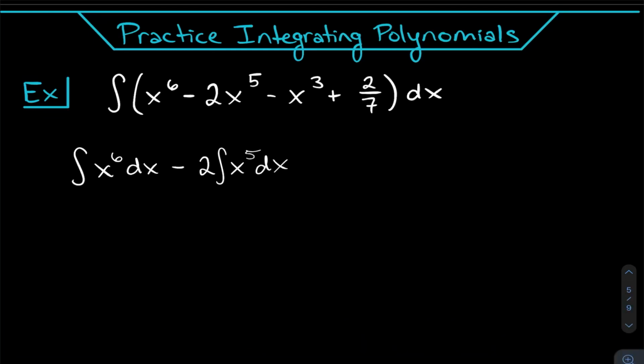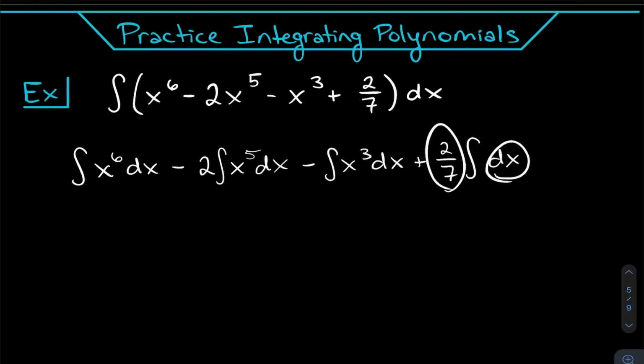Okay? And then we have minus the integral of x cubed dx. And then we have plus the integral of 2 over 7 dx. Which you can, if you want, write as plus 2 over 7 times the integral of dx. That's fine too, right? 2 over 7 is technically a constant on that dx.